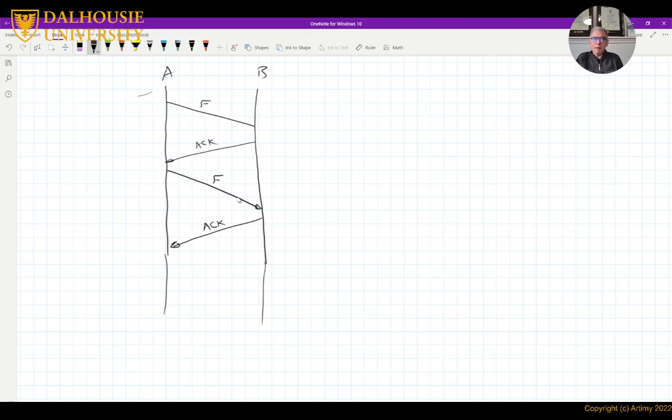A sends another frame, and let's say B is busy. So B can simply say, I'm not going to send an acknowledgement. I'm just going to withhold the acknowledgement. A cannot send anything without receiving an acknowledgement first, so A stops. B now manipulates the transmission from A by withholding the acknowledgement. Later, when B is ready, it can send the acknowledgement.